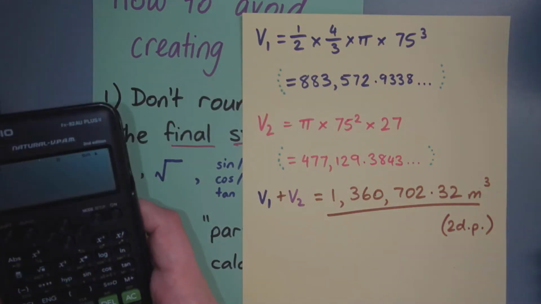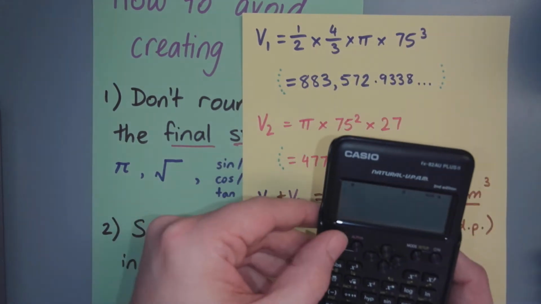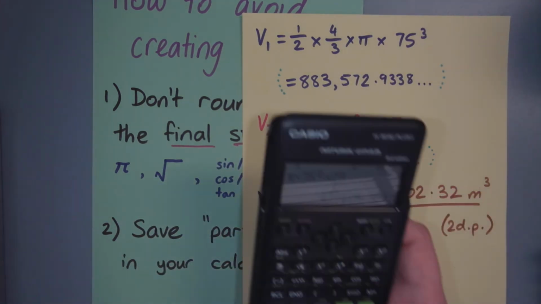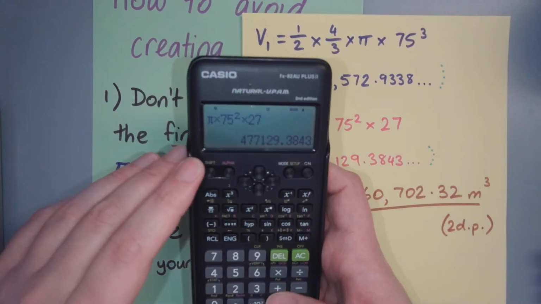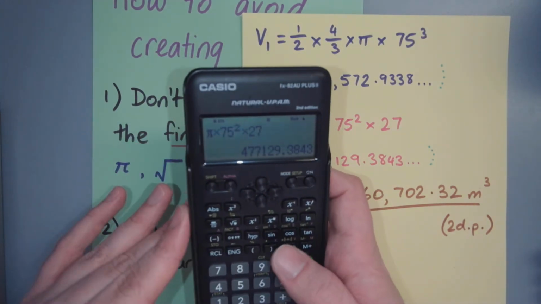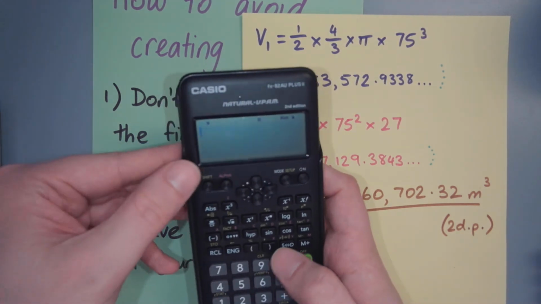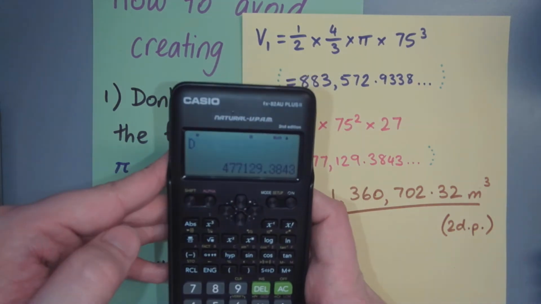Or, even better, I can work out pi times 75 squared times 27. Yep, I've got that as my other answer. I'm going to go Shift, store it, and I'll store it as D. Why not? I'll just check that's in, alpha D, yep, cool.